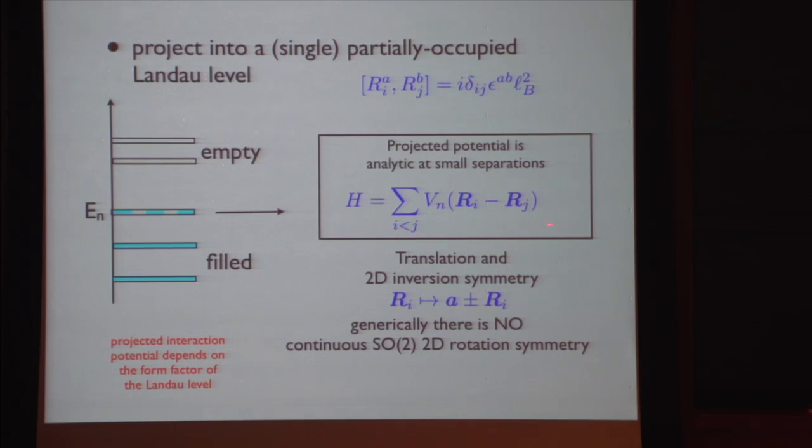And if we look at its symmetries, at least for the uniform case, where I haven't put in any background potentials, the fundamental symmetries of this actually also have no relation. They don't have any particular continuous rotational symmetry, but they do have a very striking symmetry. Apart from translational invariance, they have a 2D inversion symmetry just by virtue of the two-body interaction between identical particles.